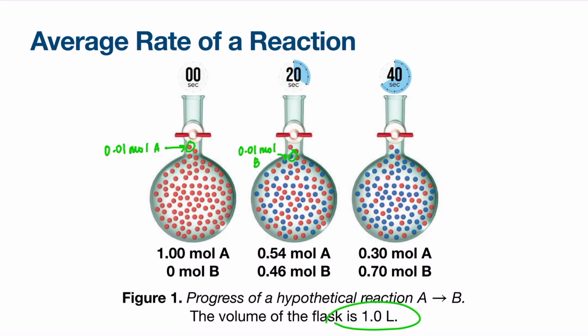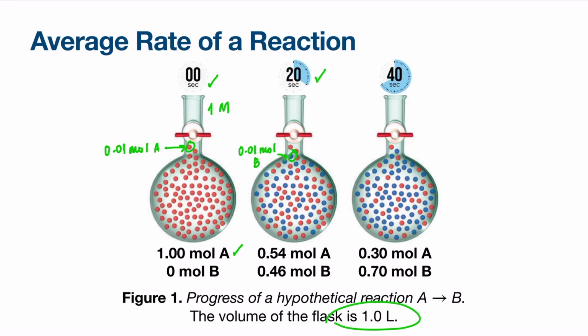At the start of the reaction, or at 0 second, there is 1 mole of A. This means that the concentration of A is 1 mole per liter, or 1 molar.